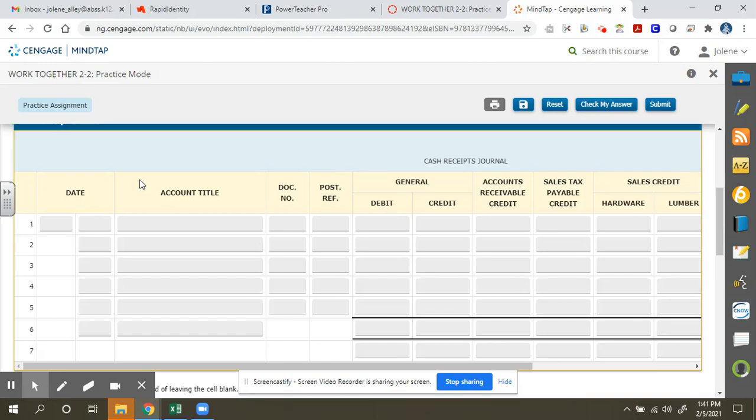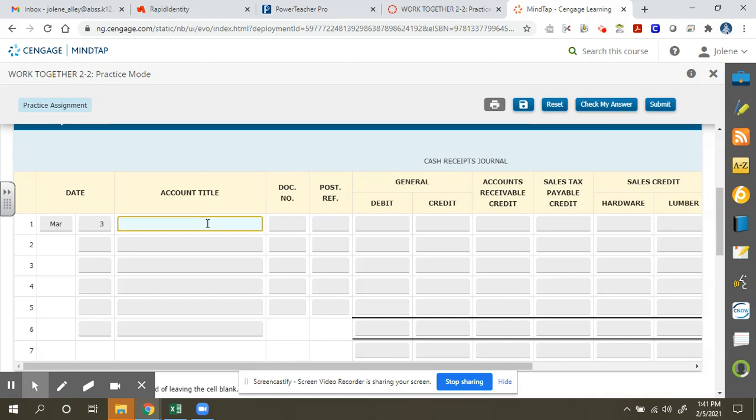So we've got transactions in March on the 3rd, so we're going to start with March 3rd. Now, your cash receipts journal is for just that. It's when your company has received cash for whatever it is, and so everything on this document is going to be transactions from receiving cash.